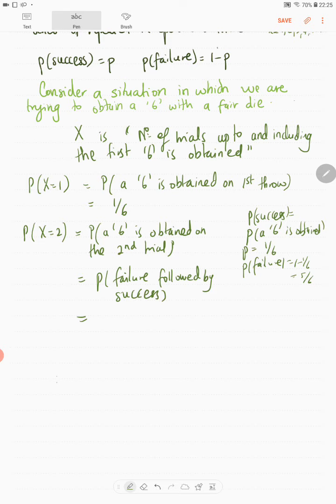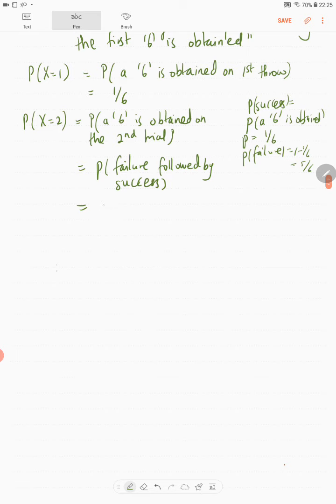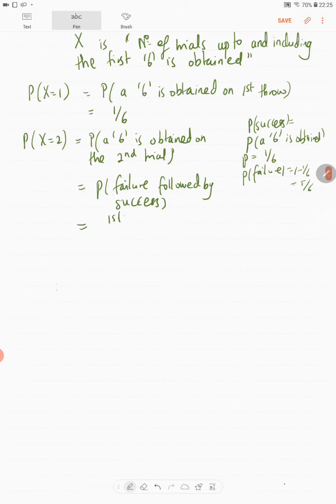Failure on the first throw means a 6 is not obtained on the first throw. First throw, second throw. So here a 6 is not obtained, and a 6 is obtained on the second throw. So we have 5 over 6 times 1 over 6.